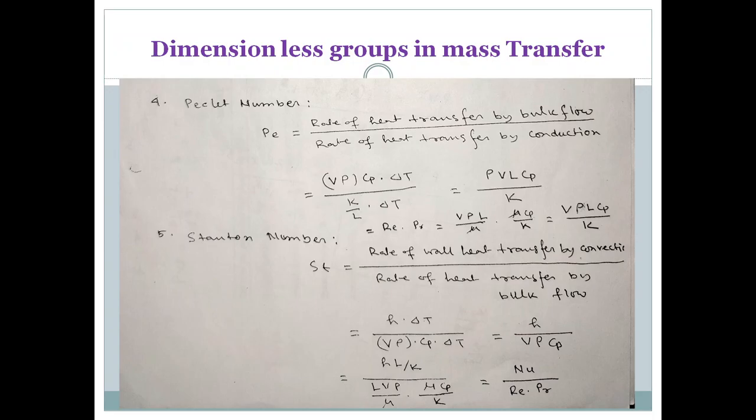Apart from those, another 2 you have studied. The Graetz number is very similar to your Peclet number, only it is important in case of heat transfer in laminar flow in pipes. That is Peclet number into D by L. And for natural convection, the Grashof number is very important, isn't it?